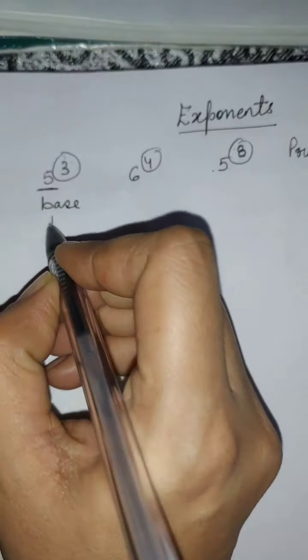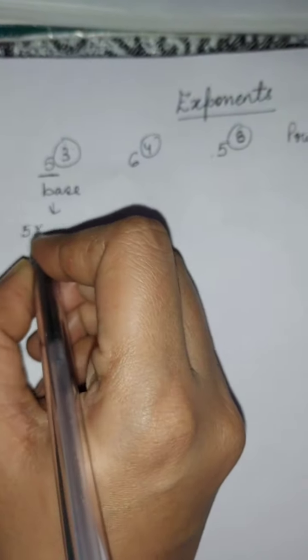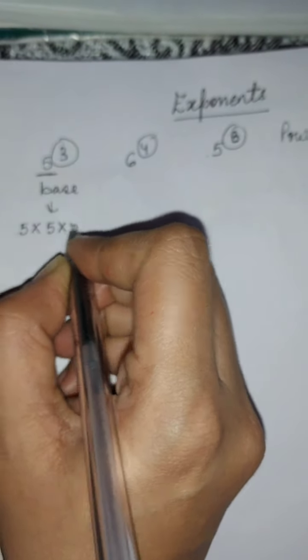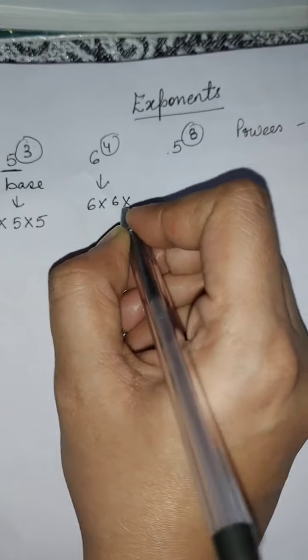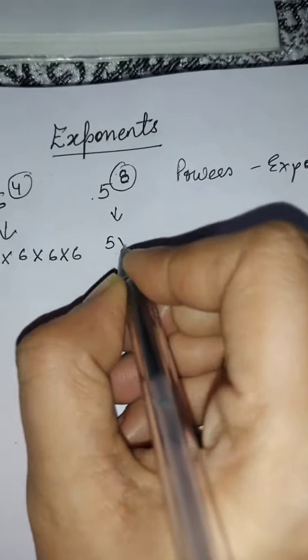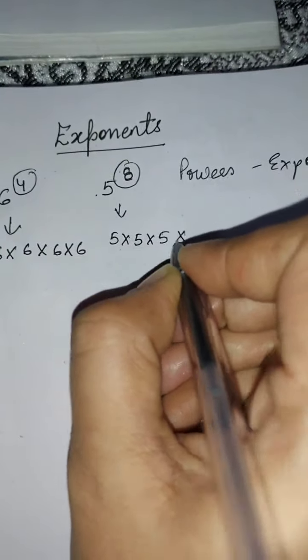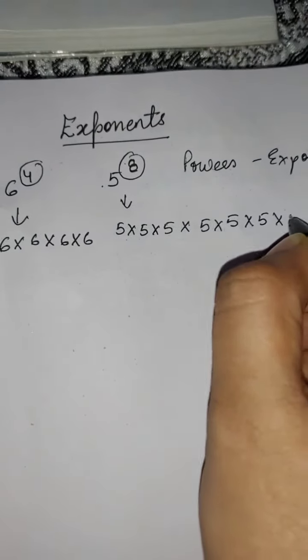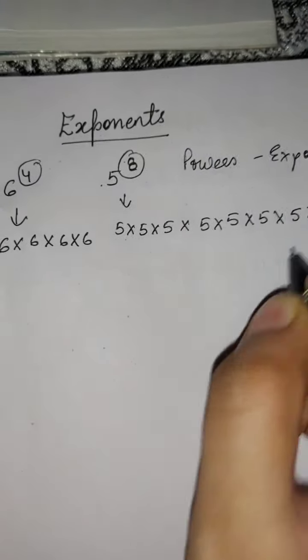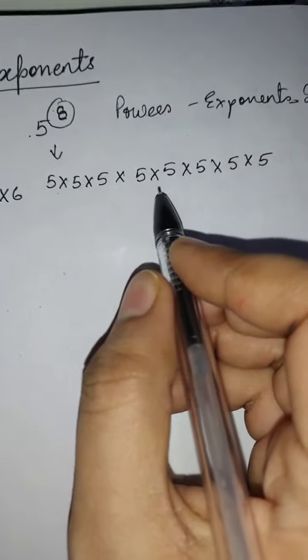This tells us that 5 has to be multiplied how many times in itself? 3 times. 6 has to be multiplied how many times in itself? 4 times. And this 5 has to be multiplied how many times? 8 times in itself. So what happens in math, sometimes we have certain calculations where we have to repeatedly write a number again and again when we have to show that it is getting multiplied.